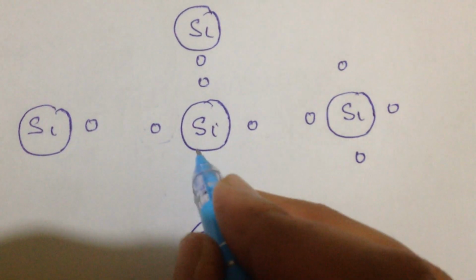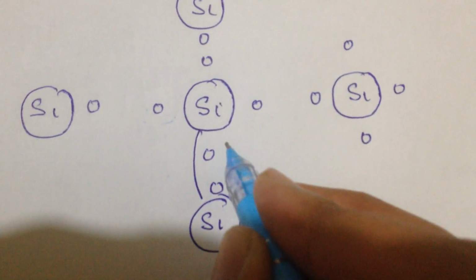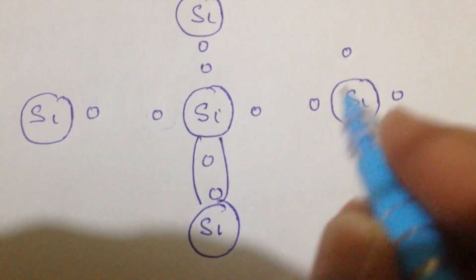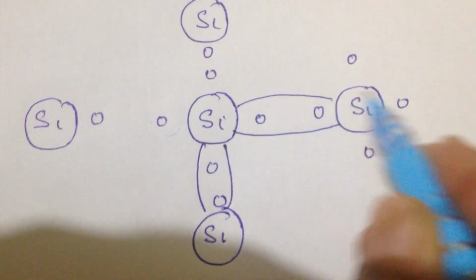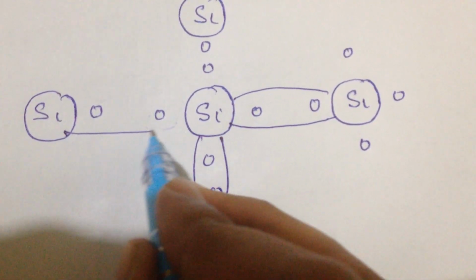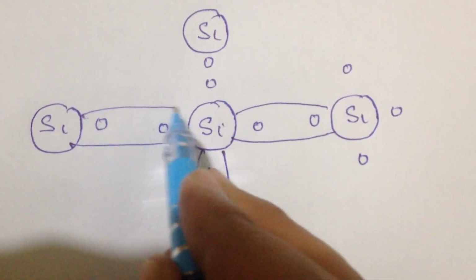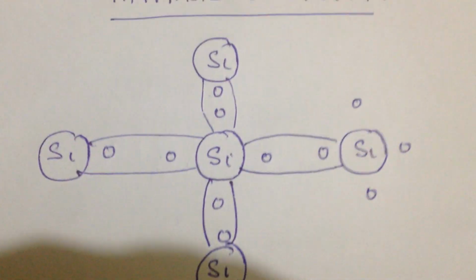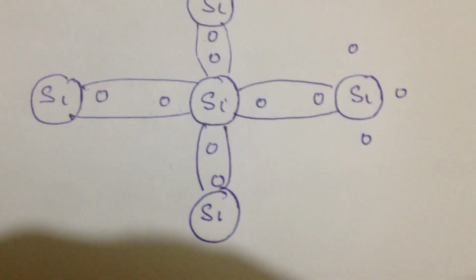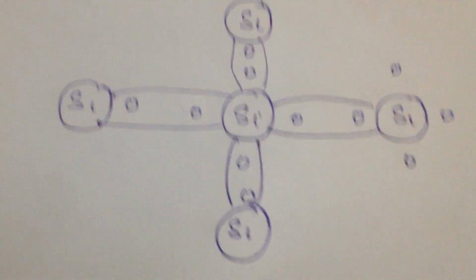As you see in the figure, these 4 electrons make covalent bonds with the adjacent silicon atoms, and there is no free electron to transport the charge from one point to another.